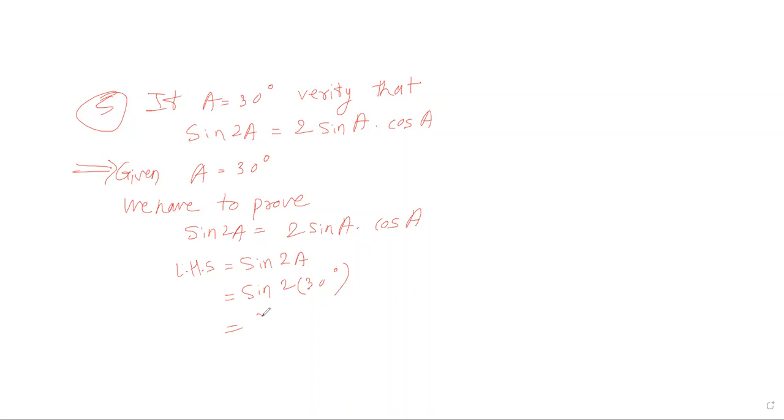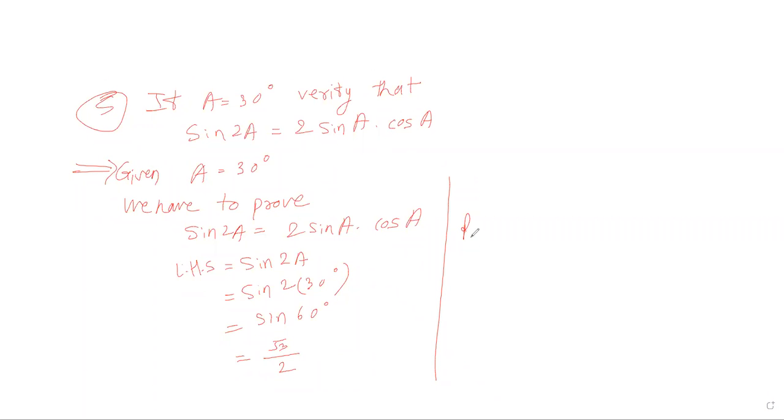Now 2 multiplied by 30 means sin 60 degrees. So the sin 60 degree value is root 3 upon 2. Yes, very good.